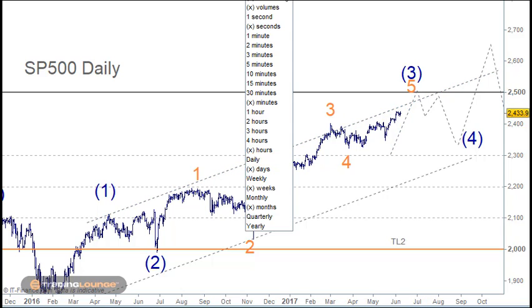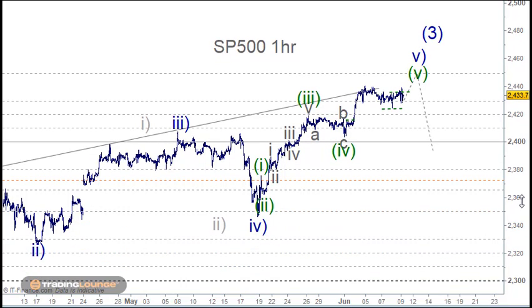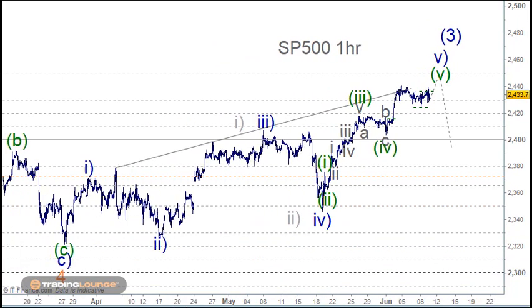So I'm just going to cut straight into the hourly chart here, because I've rambled on enough. Just to fill in here, it is possible, as I mentioned yesterday, because I've had this counted as 1 and 2 and 3 and 4 here, and then up for 5 here. We know wave 4 is a problem because it's overlapped wave 1, but on the NASDAQ it counts very nicely like that.